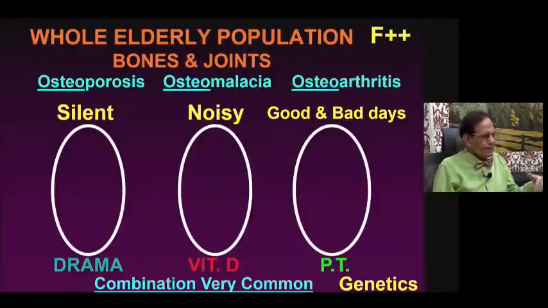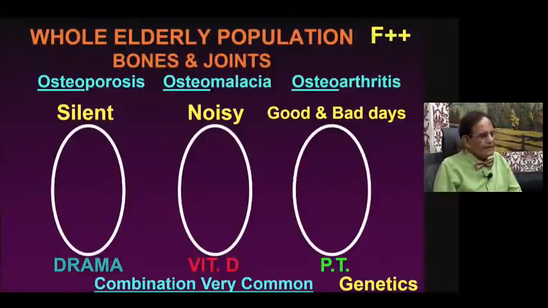The main body is muscles and bones and joints. Now, you can imagine these patients get pains in all the muscles and the bones. So pain there, very noisy. And yet the disease is due to vitamin D deficiency. We'll discuss it later on.